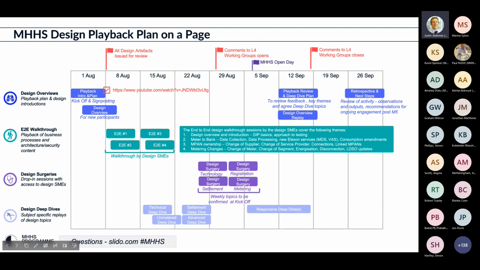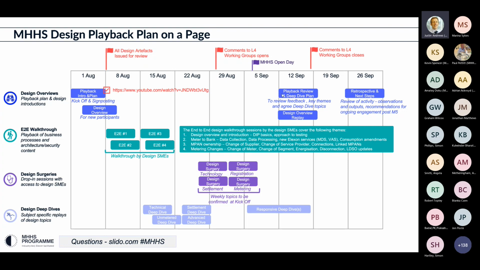And then we have some deep dives where we can really get into the nitty gritty of, if people want to discuss the calculation that's covered by the load shaping service method statement, we can, or any other design deliverable.